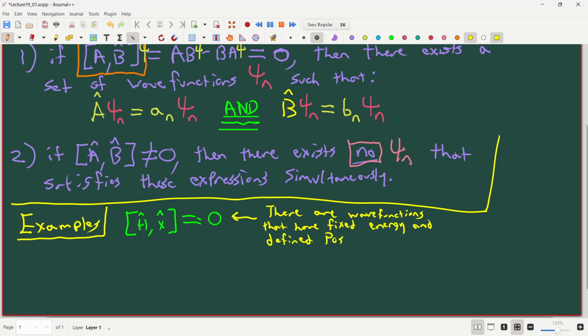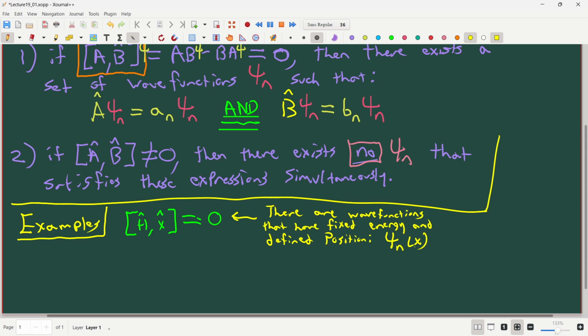This is why we can write things like psi n of x. We come up with wave functions that are a function of the position. That's literally the fact that we can write these wave functions in terms of x implies that the commutator between these two operators is 0. If it's not, we couldn't write psi of x because we can't measure x and energy at the same time.